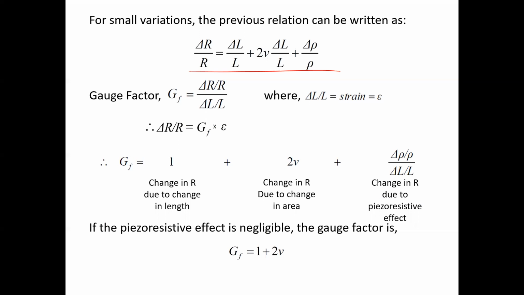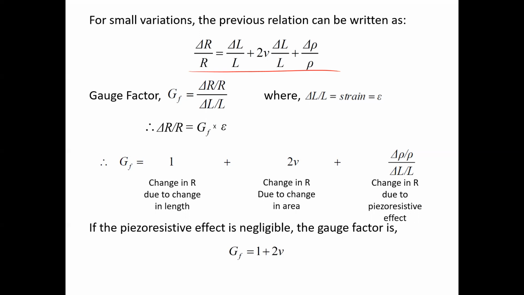So in terms of the length, the fractional change in the length can be representative of the applied strain or applied stress. So the ratio of the fractional change in resistance resulting from the fractional change in length is defined as the gauge factor.